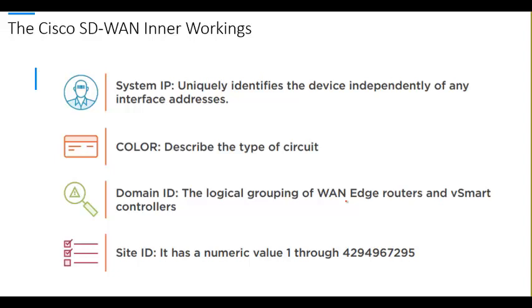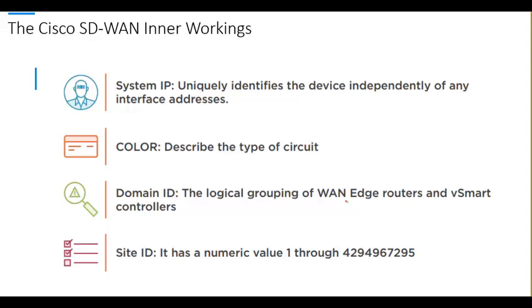Or if you take OSPF, the router ID in OSPF helps to identify the OSPF-running appliance, not the physical interface IP address. Sometimes the router ID will not even be a reachable address in OSPF. It is simply an ID. But here, the system IP is reachable, but it is not identifying any interface, rather it identifies the edge device.